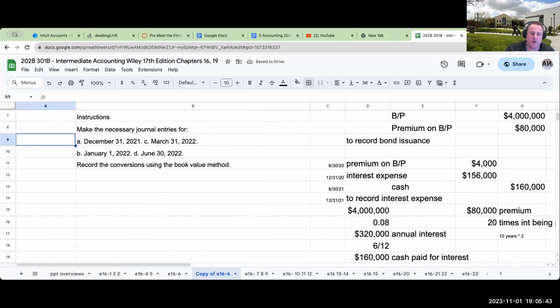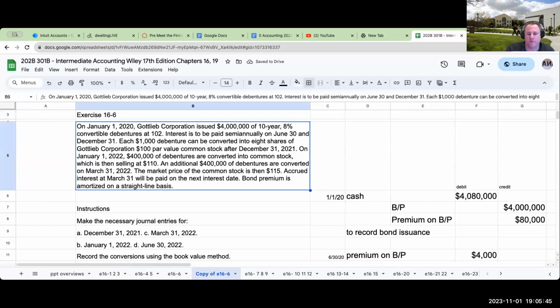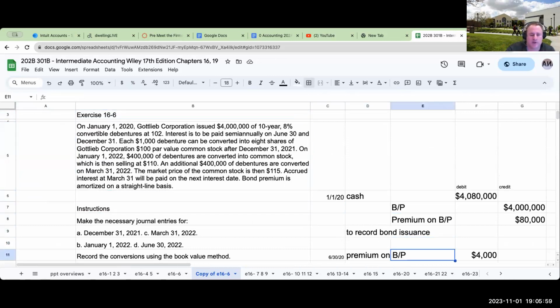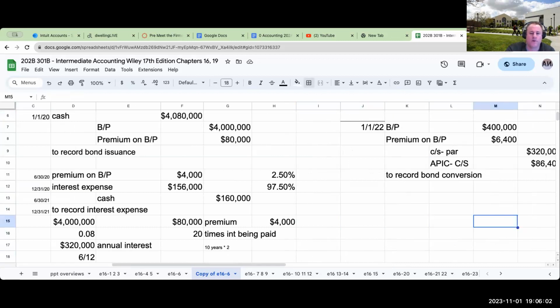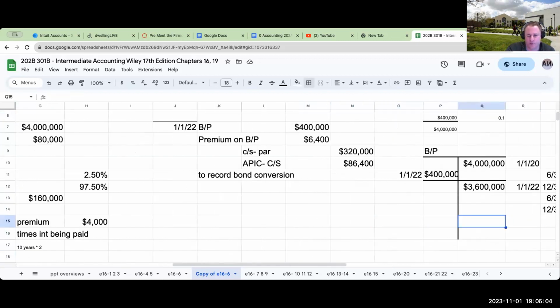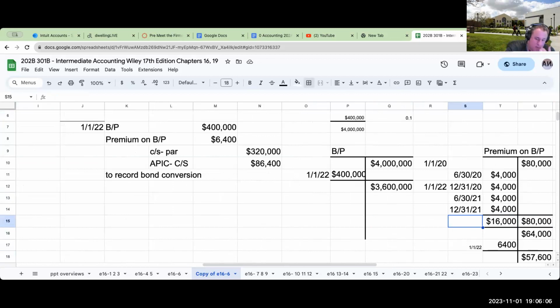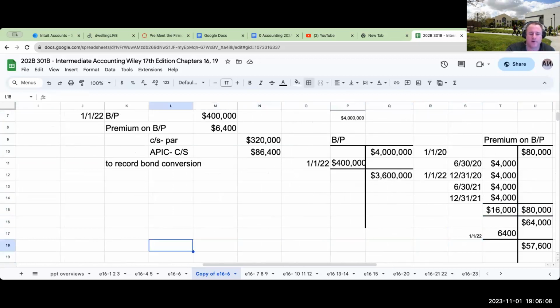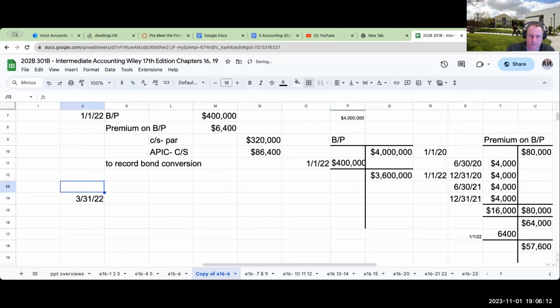Now over here, it's telling me that I have another 400,000 of bonds that are being converted on March 31st. Now, why this is different? We are in between interest dates of the bonds. So what I need to do first is I need to go through and record basically the interest on these bonds, basically up until the date of the conversion. And you'll see why I do this momentarily.